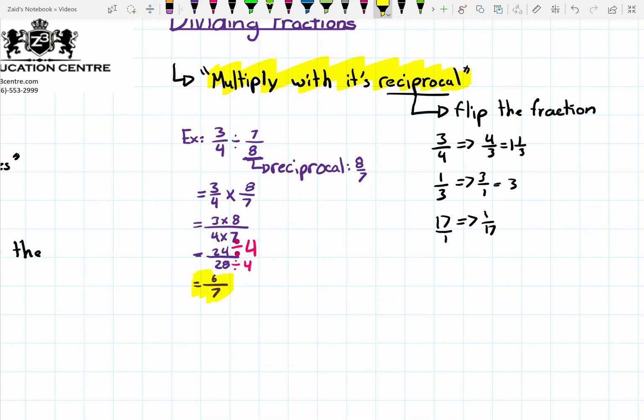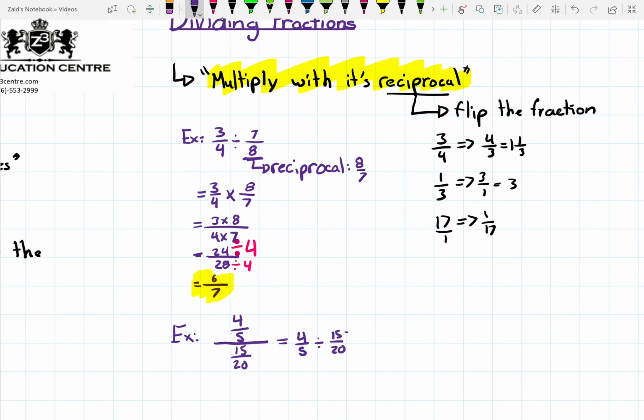Another way of writing a division question is by having, say, a fraction as the numerator. So let's do 4 over 5, and a fraction in the denominator. So let's do 15 over 20. So that's like saying 4 over 5 divided by 15 over 20.